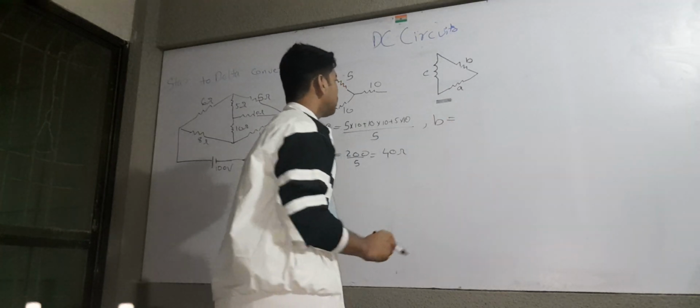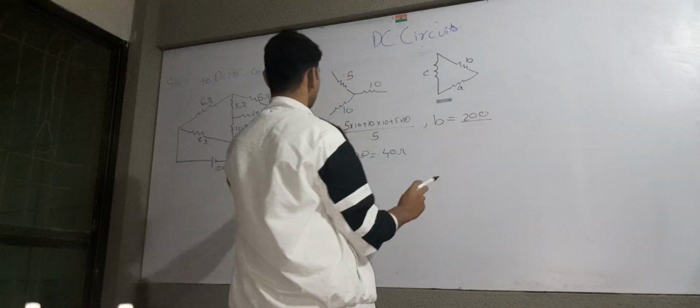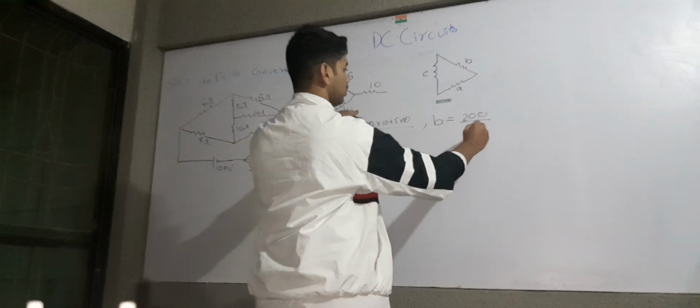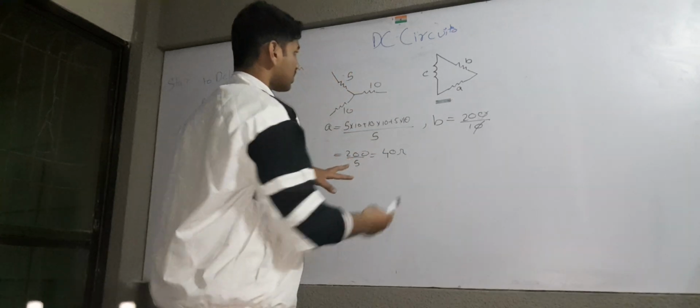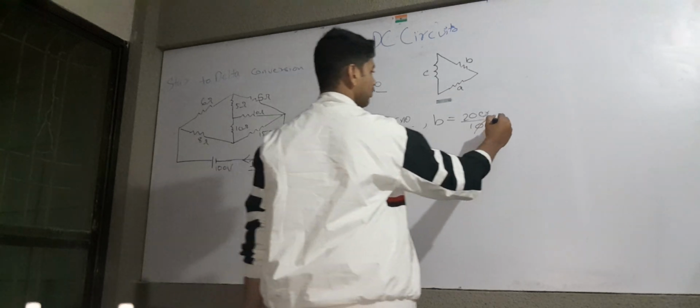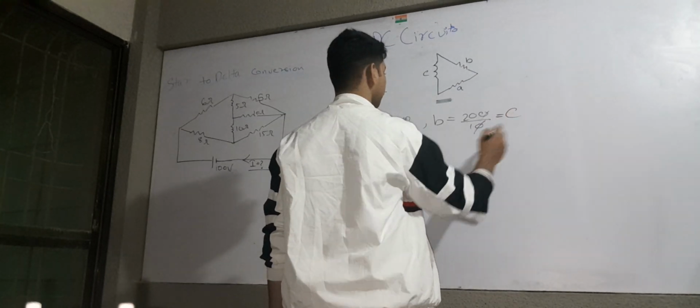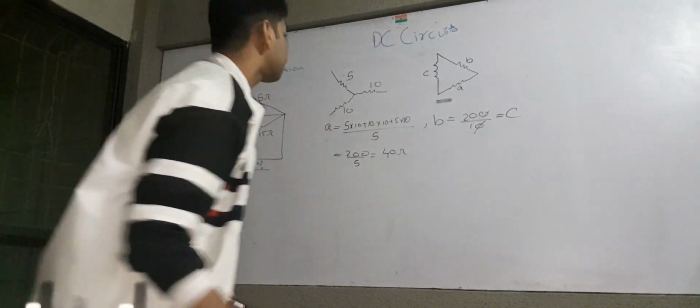Similarly, B would be 200 by 10, B opposite 10, which would be 20 ohms, and that is also equal to C. So what would be our new circuit?